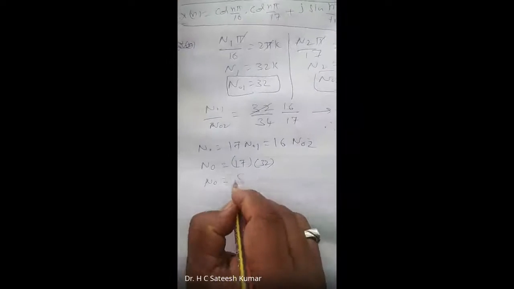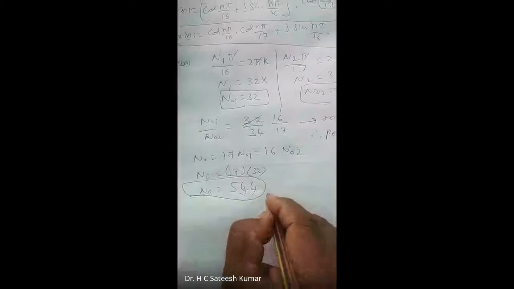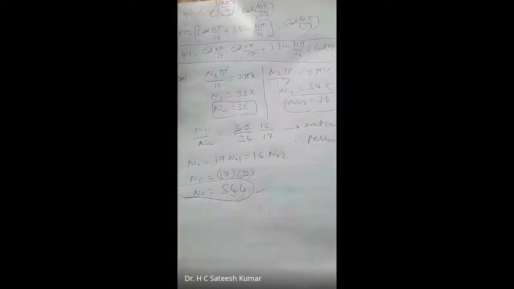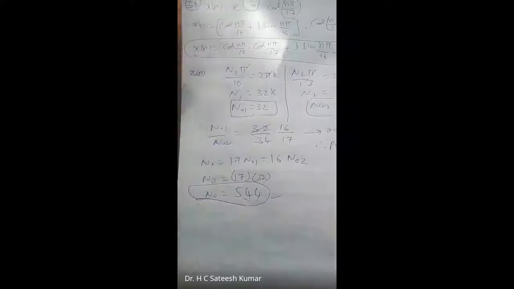So it is 544. N naught is equal to 544. That is the period we have, right? That is the right answer. So this is one of the examination problems we have seen. Now let us go for one more problem.